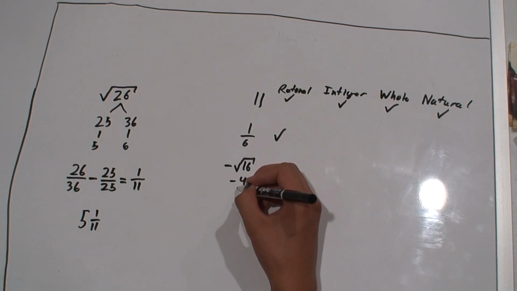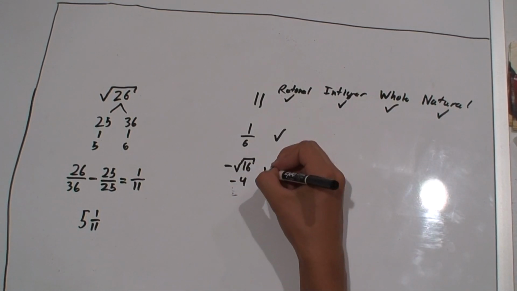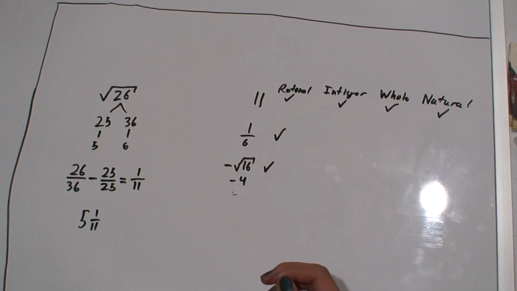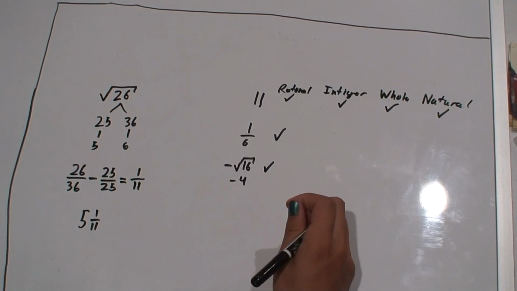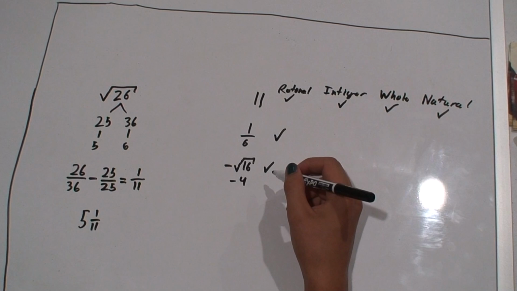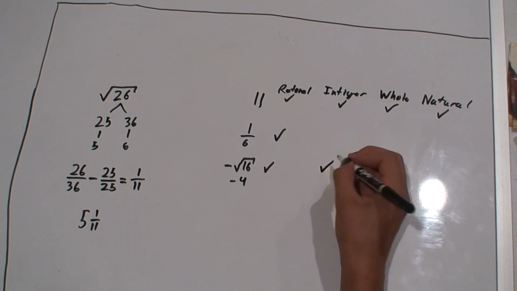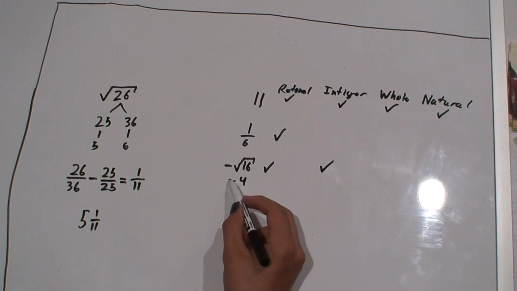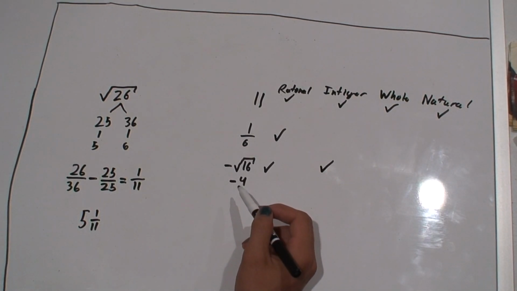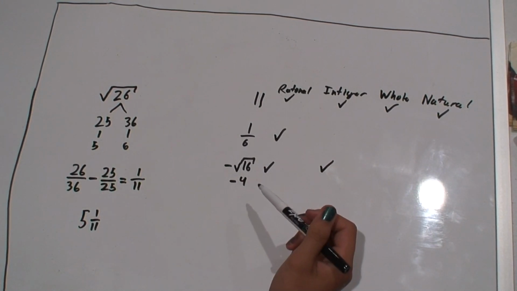Yes, it can be represented as negative 4 over 1. And it is not a decimal or a fraction in its most simplified state. So yes, it is an integer, but it is not a whole number because it is negative. So that would be a rational integer.